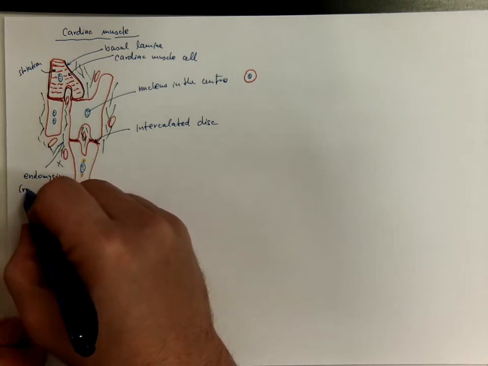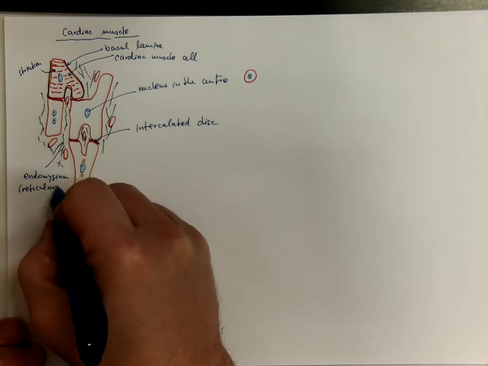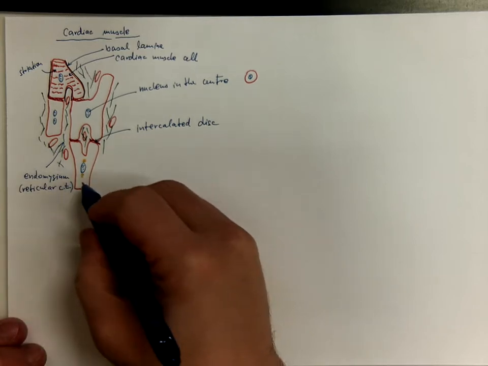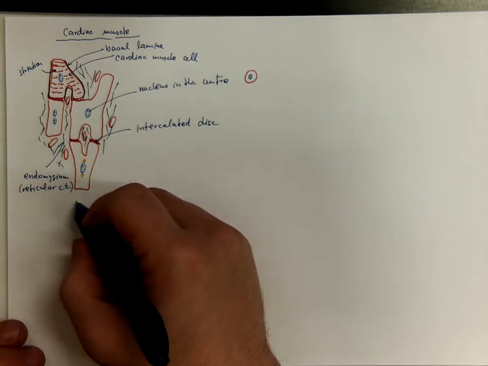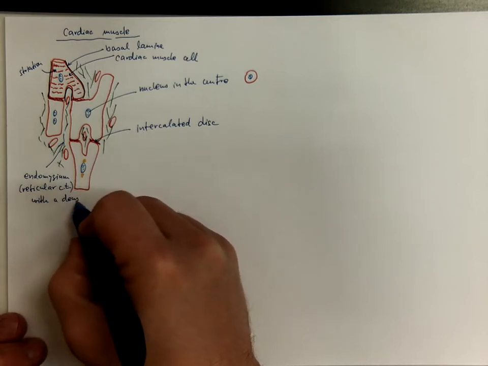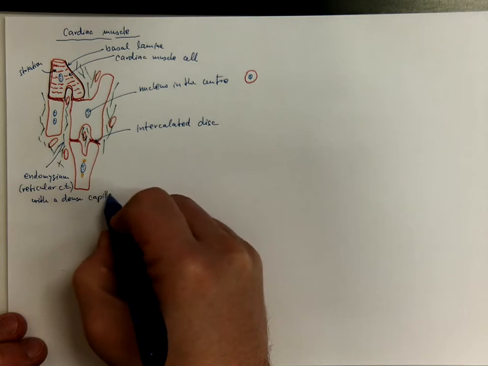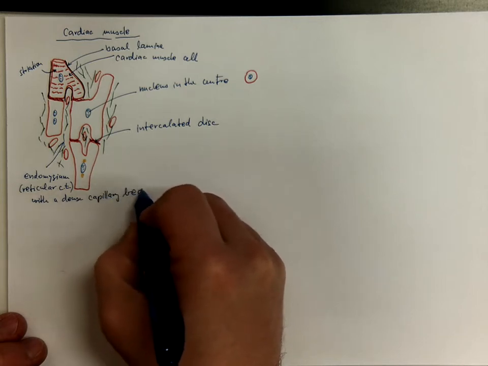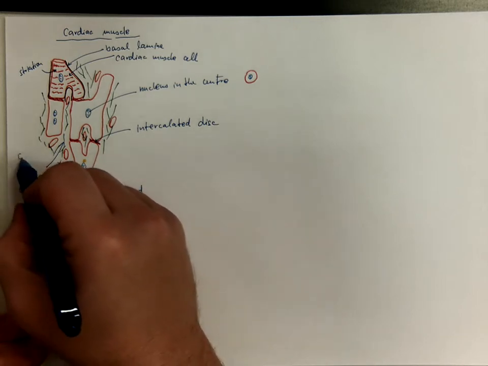it's a reticular connective tissue with many capillaries. The dense capillary bed. These are capillaries.